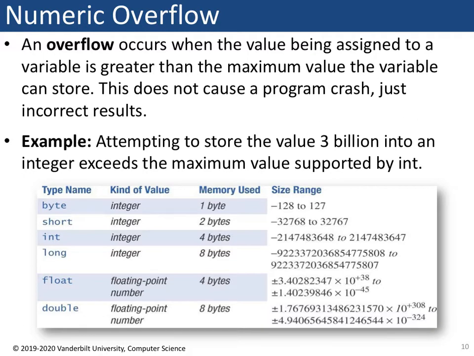As we mentioned previously, the maximum storable value is directly related to the size of memory occupied. In the case of an integer, when the number 3 billion is represented as an integer, it takes up more room than the allocated 4 bytes for an integer type variable. So if you needed to store the number 3 billion, you would need to store it in a long.